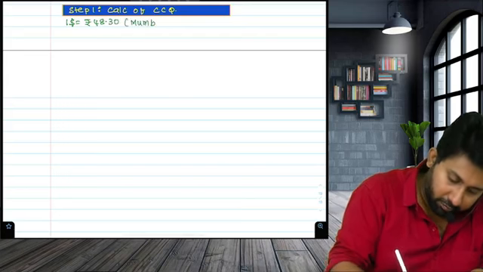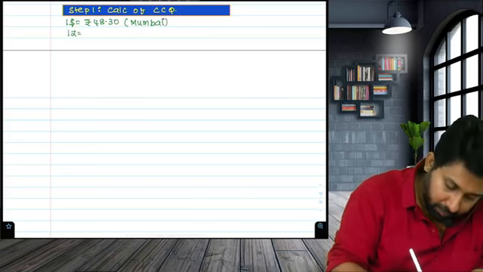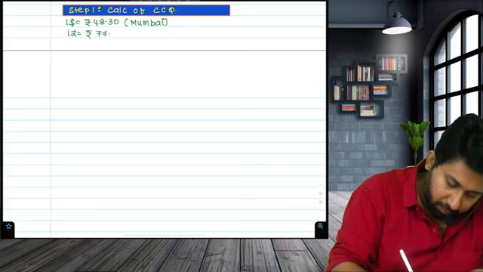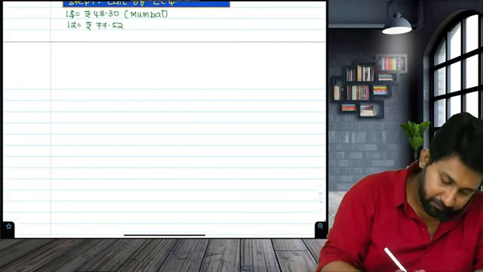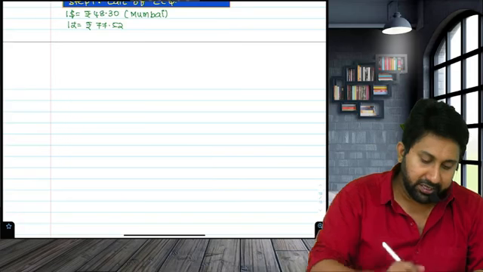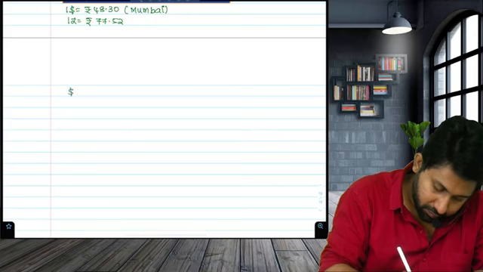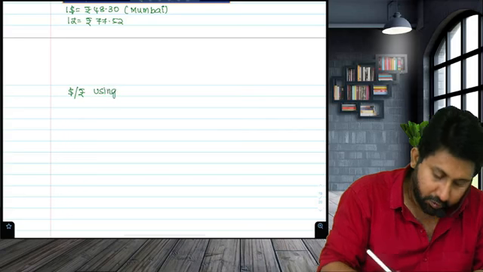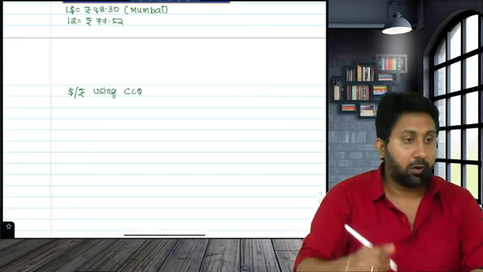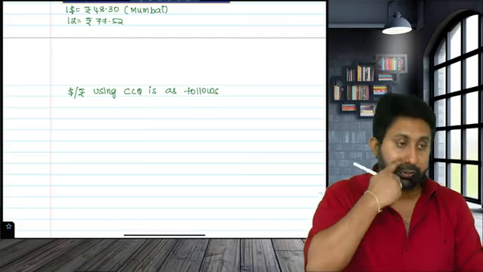$1 equal to 48.3. 1 pound equal to rupees 77.52. So using this, if you calculate the dollar by rupee using cross currency quotation, it is as follows.